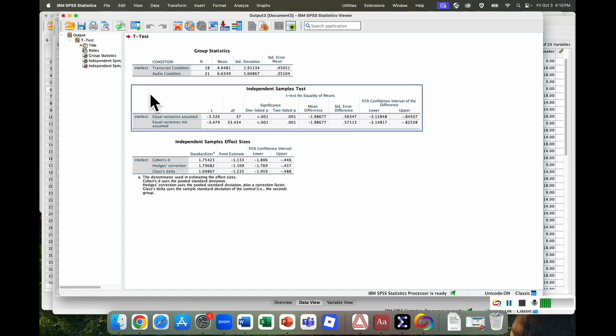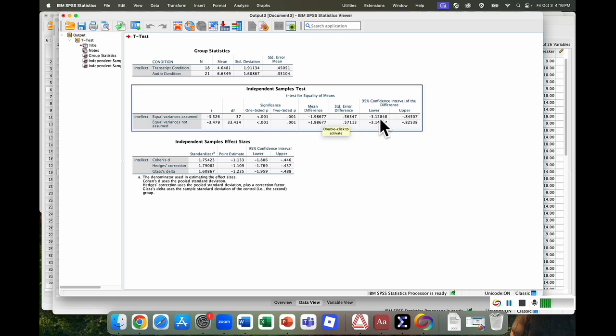So it's not surprising, when we're just going to assume equal variances for this part and look at the t-test, that it is pretty sizable, -3.526. And then we see that the p-value is highly significant. We can also notice the mean difference here is quite notable. As I said before, it was close to 2. This is the exact mean difference.